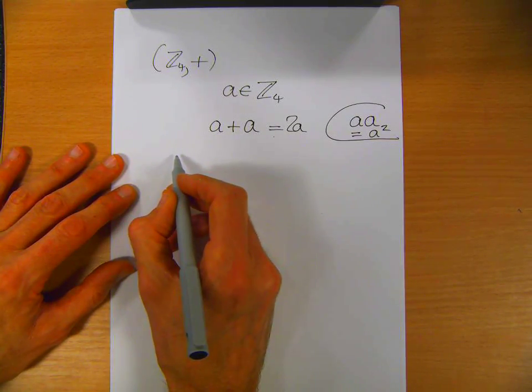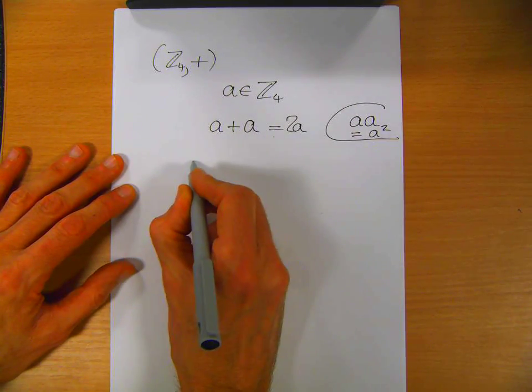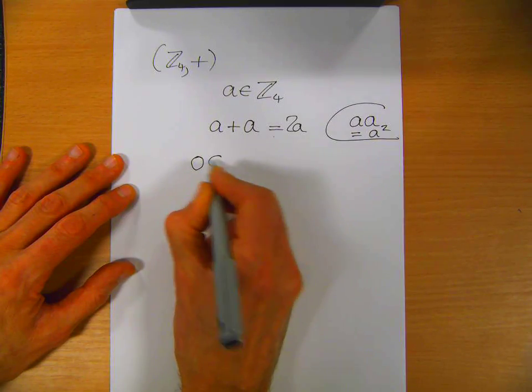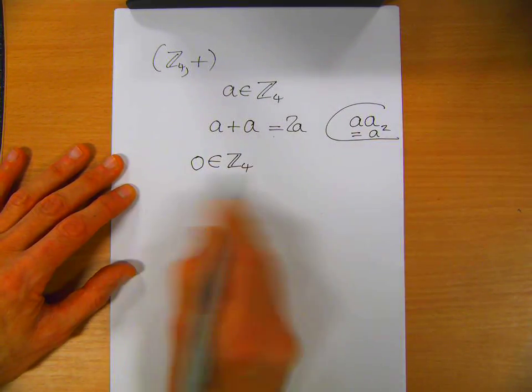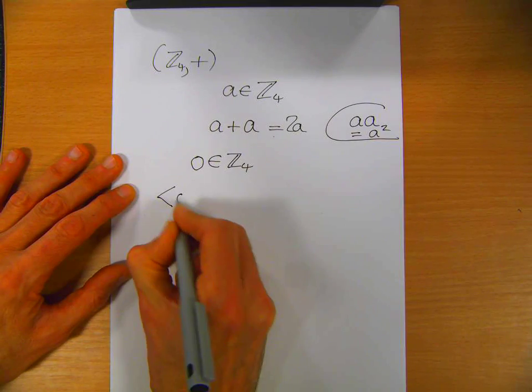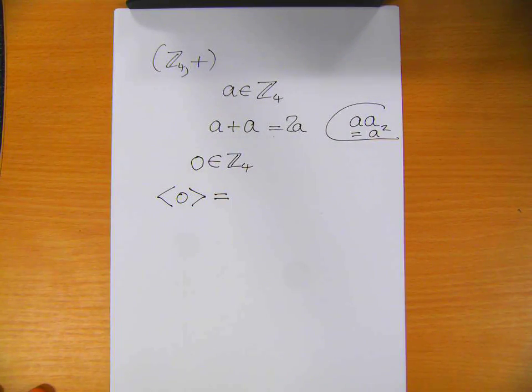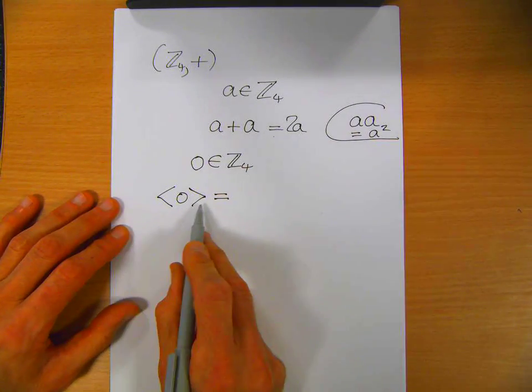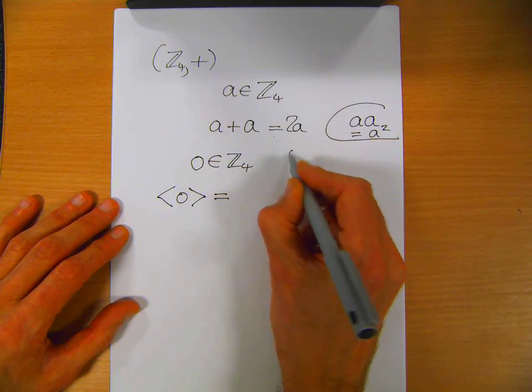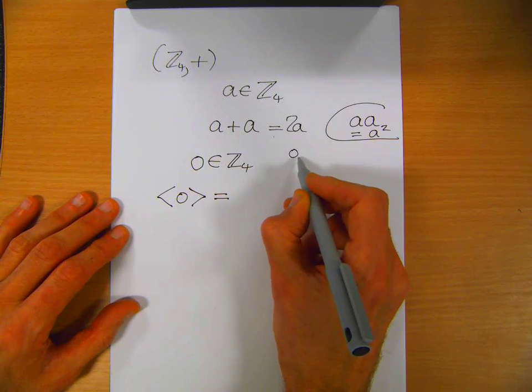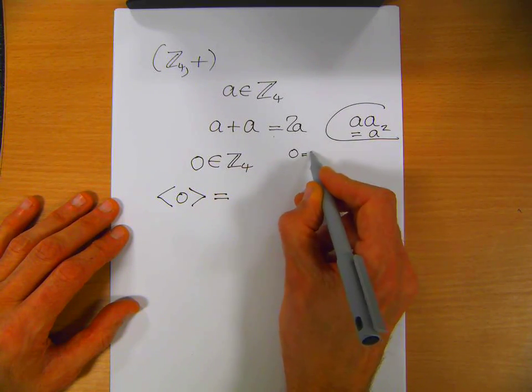So let's consider, say, 0 in Z4. That's the identity element. Then what's the group generated by 0? Well, what can I do? I can look at 0, then that's, if you like, 1 times 0.